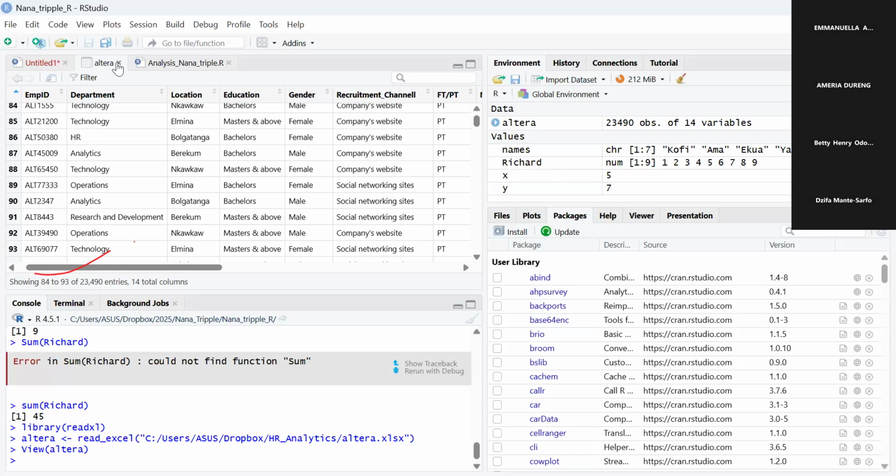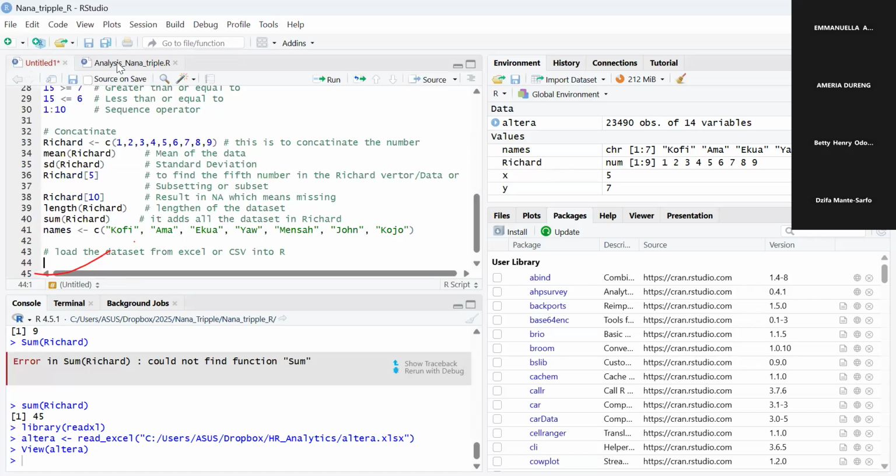It's okay. So now, please, have you closed the data? So you come back to your console. Have you closed the data? Yes, please, Prof.